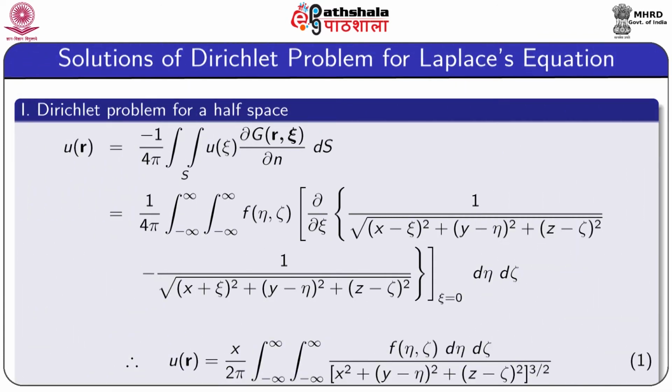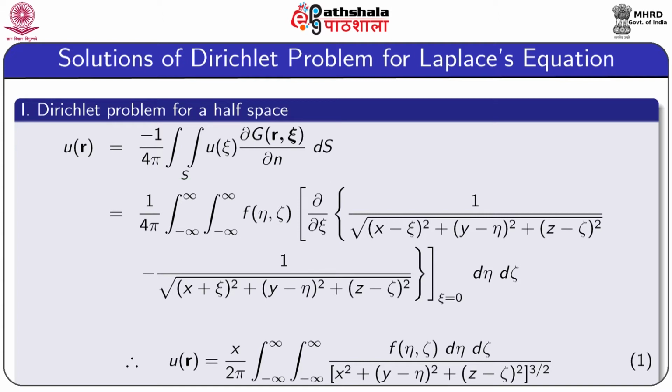To find the solution u of the Laplace equation in terms of Green's function, it can be written as u(r) equals minus 1 by 4 pi times the surface integral of u del G by del n dS.